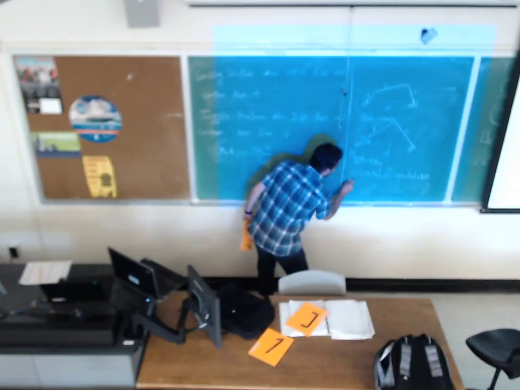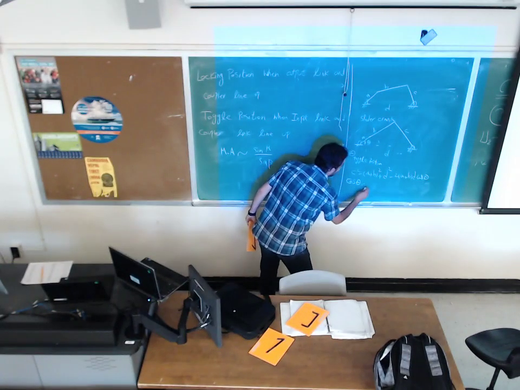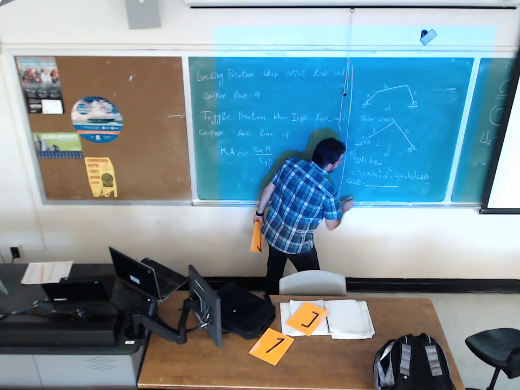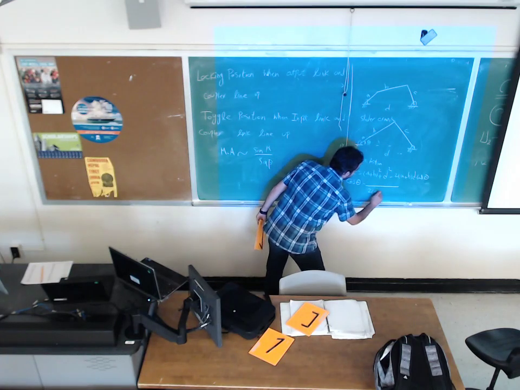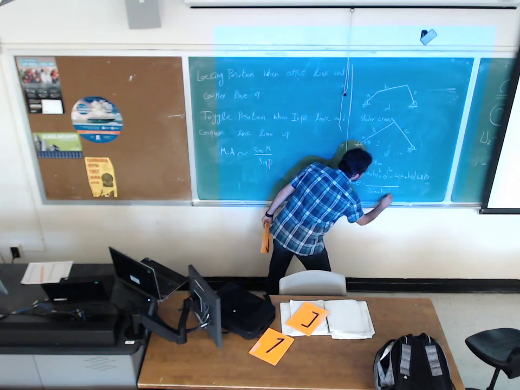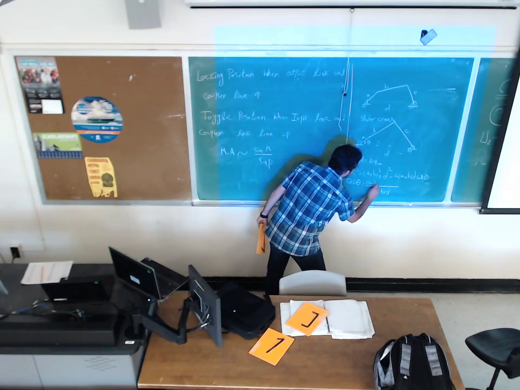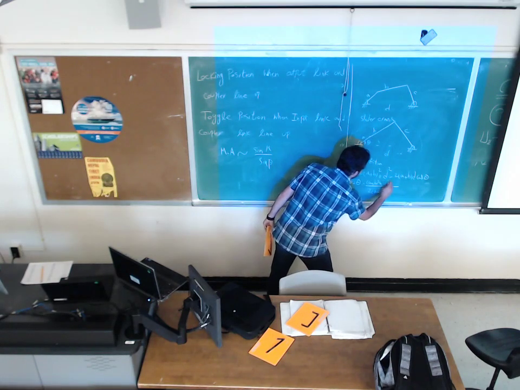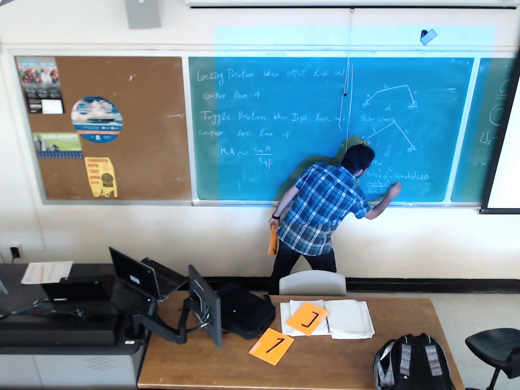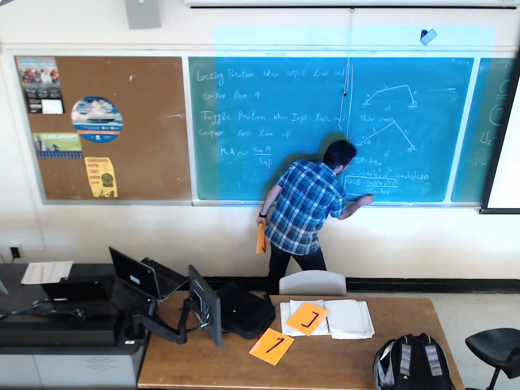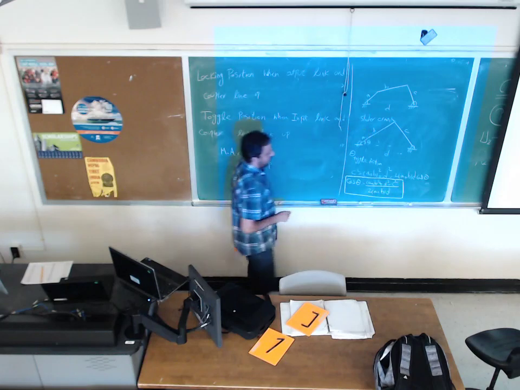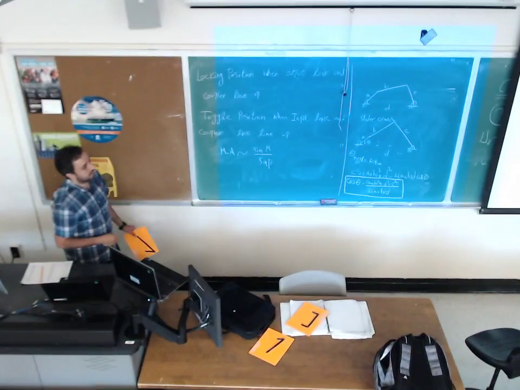So cosine of theta is (a plus b) squared plus d squared minus c squared over 2(a plus b)d. This is the toggle position.